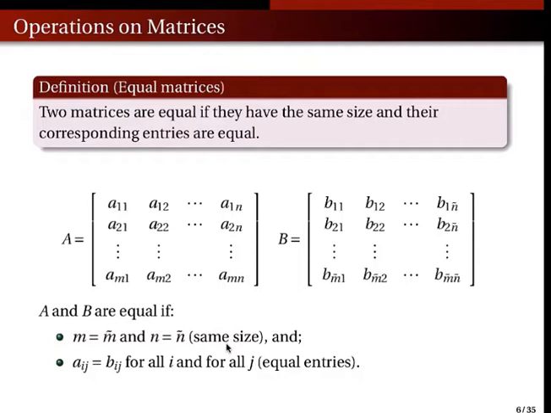And furthermore, entry-wise they are the same, meaning Aij must be equal to Bij for all i and for all j. So A11 must equal B11, A12 must equal B12, etc. So same size and equal entries. That's when we say the two matrices are equal.